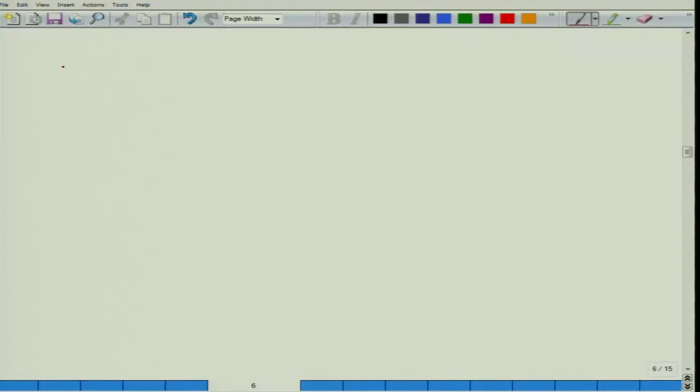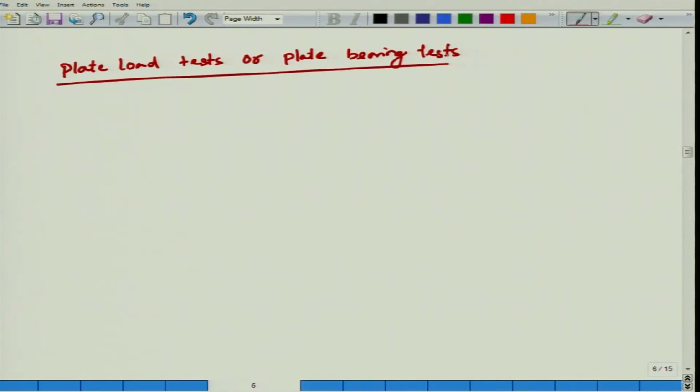Let me start one of the field test programs, that is your plate bearing test. Plate load test, or called plate bearing test. So, in the plate bearing test, what are you supposed to get?